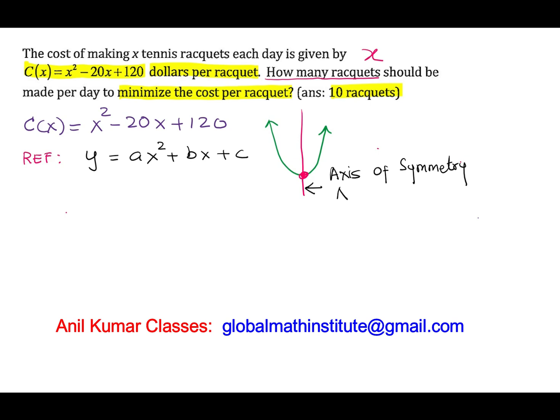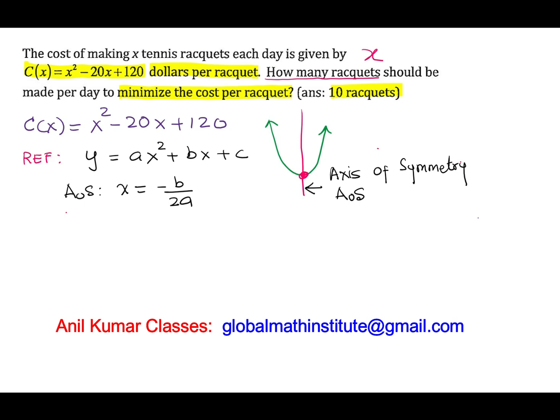So let me write in short, axis of symmetry. So the axis of symmetry is at x equals minus b by 2a, correct? So that is the value. If you are given an equation in standard form, straight away substitute this and get your answer.